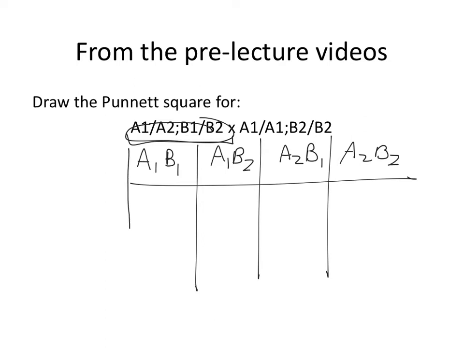So how many rows? How many different haplotypes does that red individual produce? Is it A1 or A1?